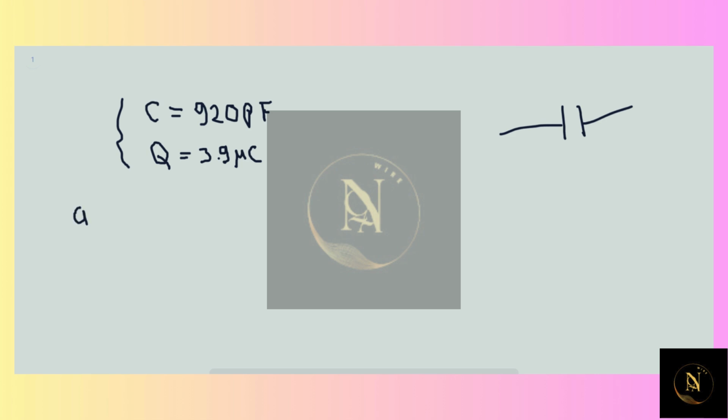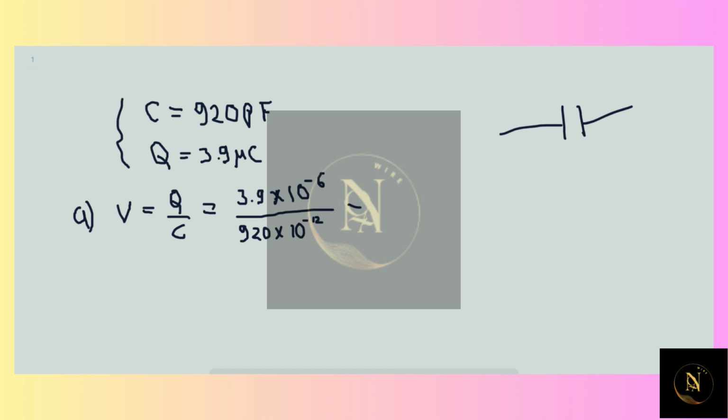So for the first part of the problem, since the charge and the capacitance of the parallel plate capacitor are given to us, the potential difference between the plates V is given by Q over C. So our charge is 3.9 times 10 raised to negative 6, and the capacitance is 920 picofarad, 10 raised to negative 12.